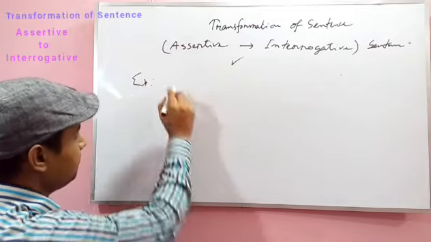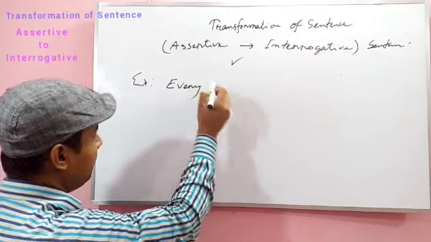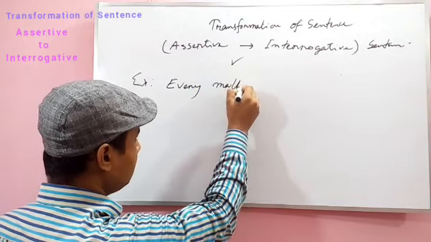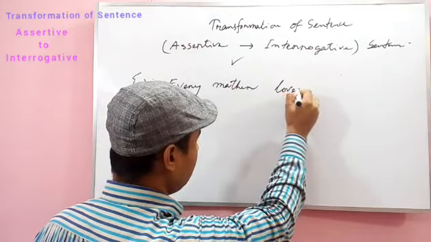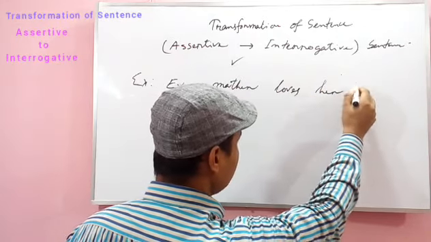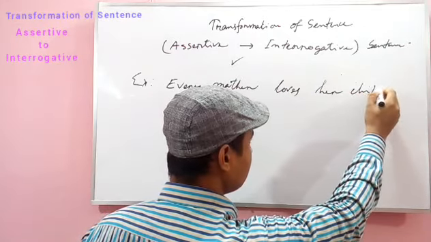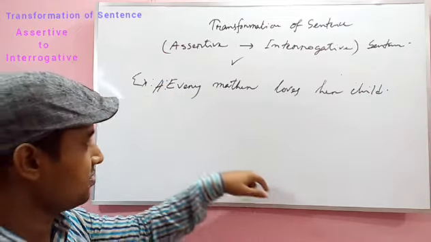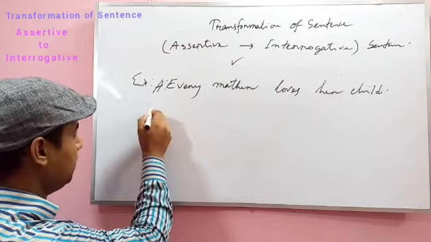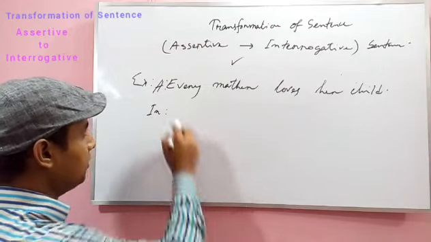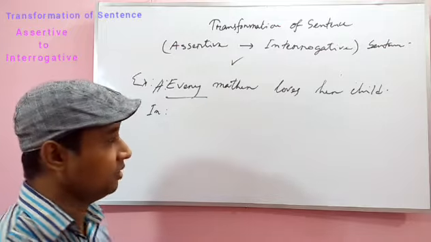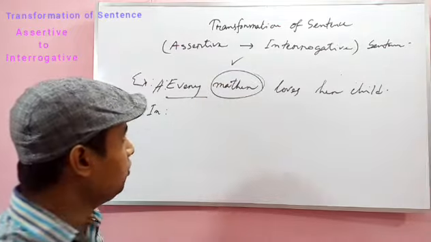Every father or mother loves her child. This is another example of an assertive sentence you have to change into an interrogative sentence. This sentence also begins with every, but there is a noun after it.